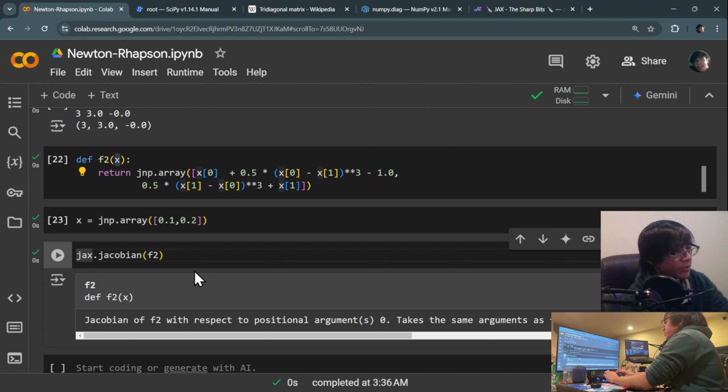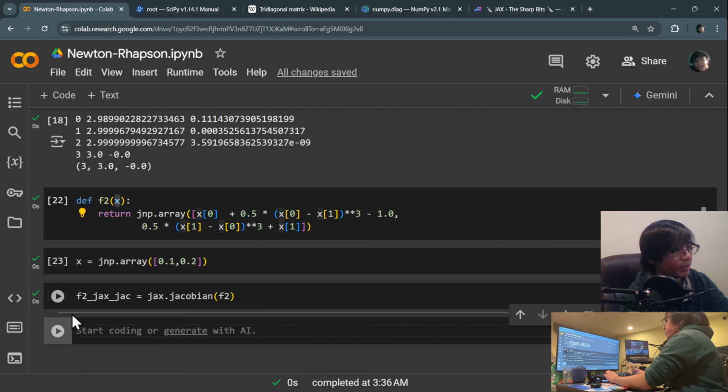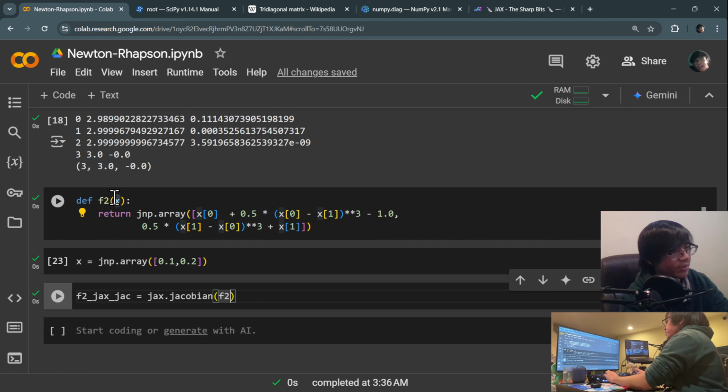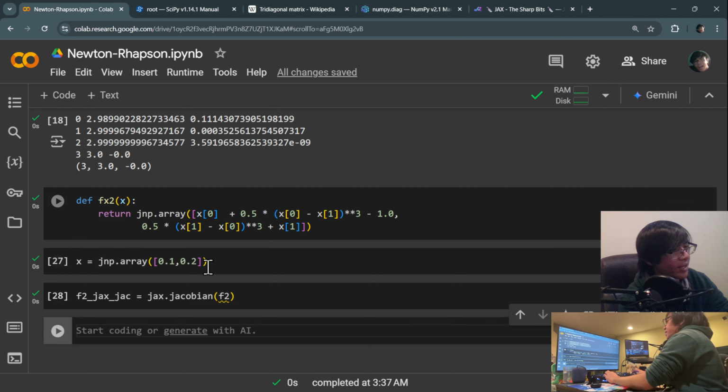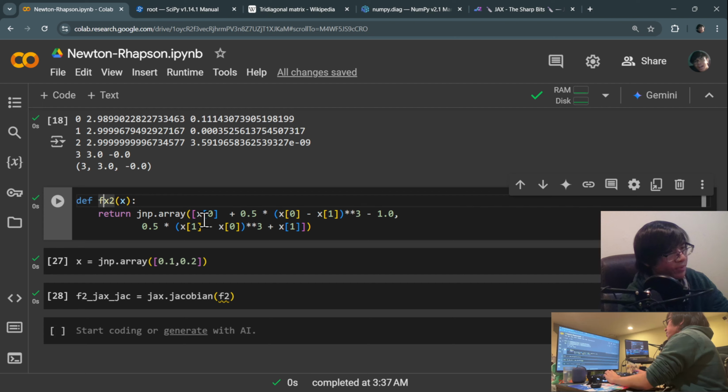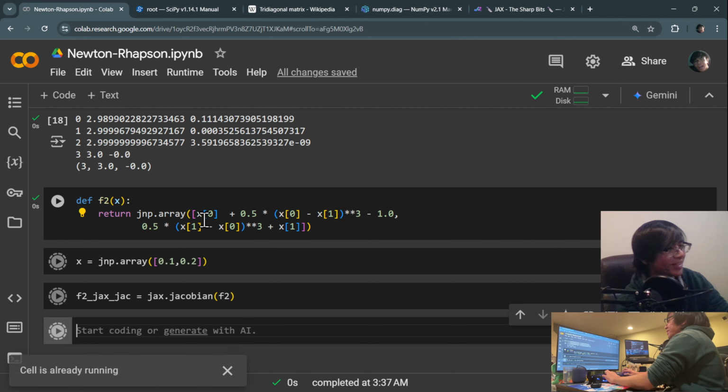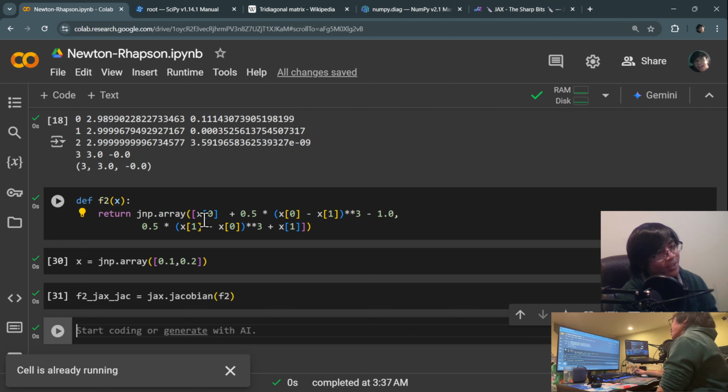So we'll just call it f2, the jax.jacobian. And now we can plug in any values for x. So it takes in the same parameters. If you've read that little blurb underneath, it'll take the same parameters of our function, of our second function.